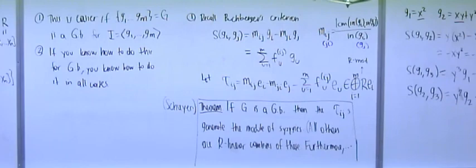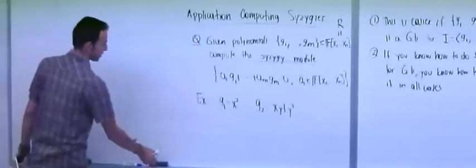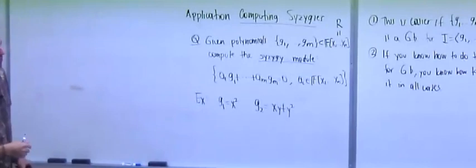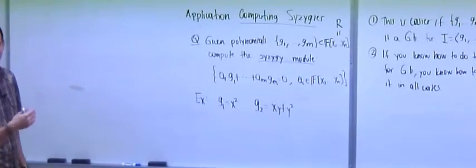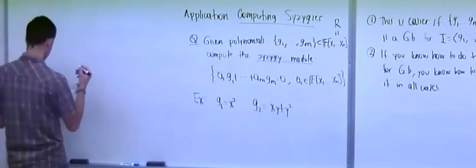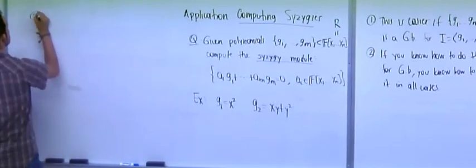Now, what do you do if you don't have a Gröbner basis? Well, we already did the first step, which is make a Gröbner basis. Okay. So 2.